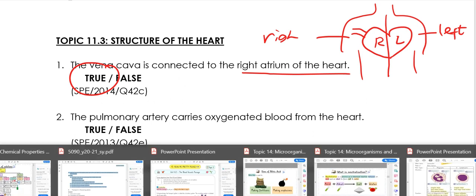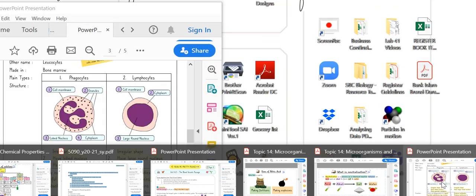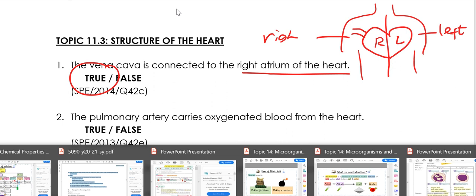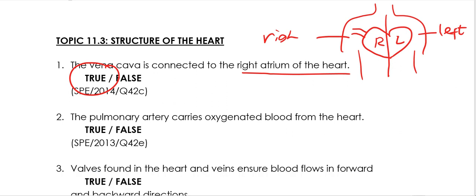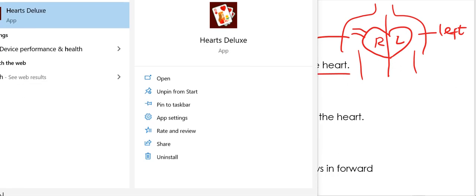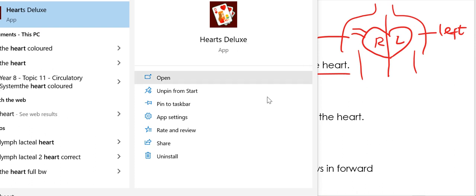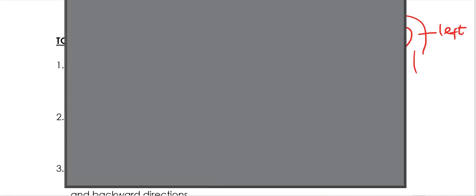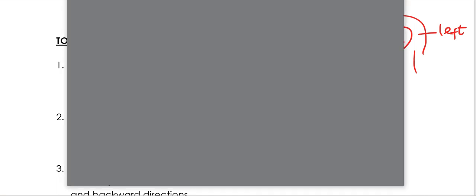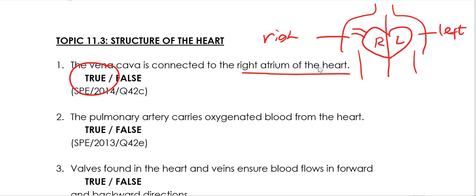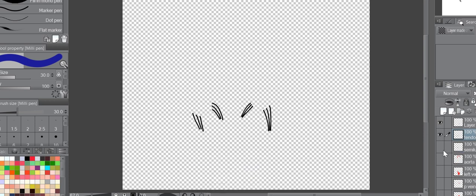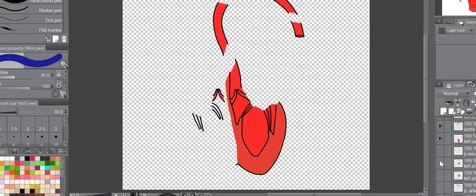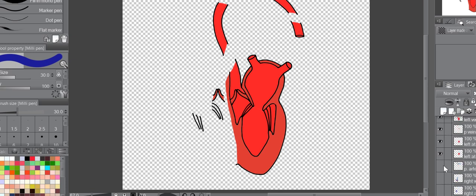If you don't remember very well, I'm not sure if I actually drew the heart for you, but I think I did for one of your slides. Where is it? Okay, it is this one. So I drew you guys a full picture of the heart.